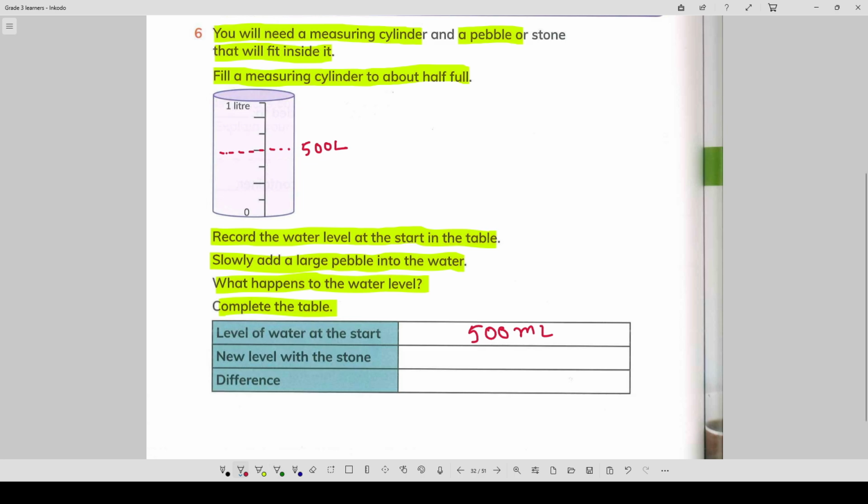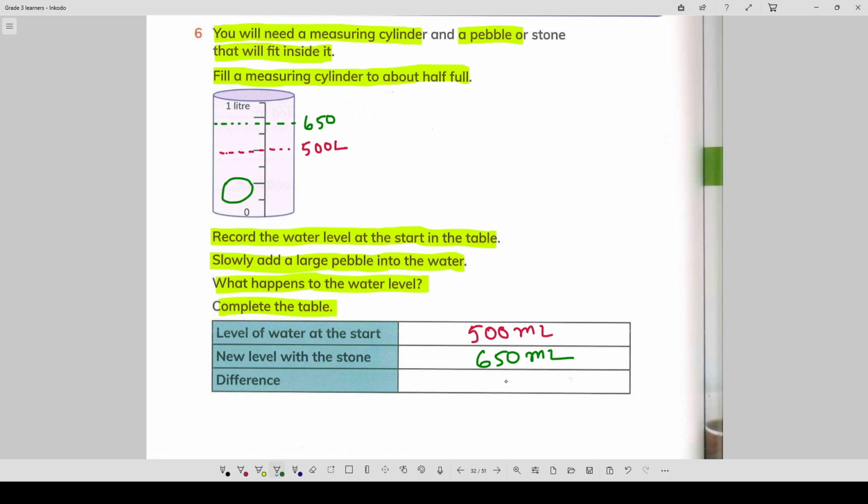Then we use a big pebble like this one. At that time the water level will increase, and it can be up to here. It means 650, so we can say the new level with the stone is 650 ml.